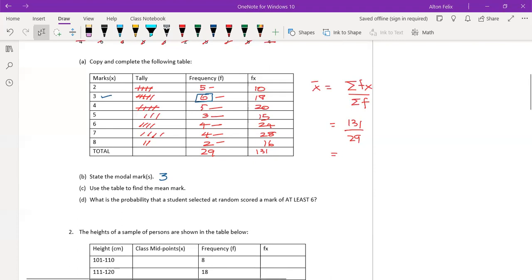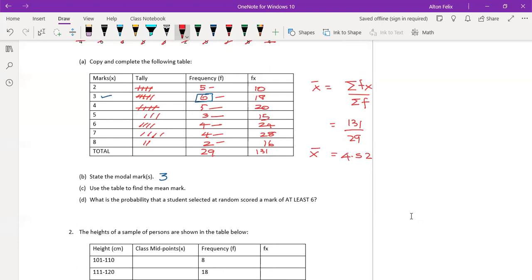Let's see, 131 divided by 29, 4.52. Okay, so that's our mean mark, right?